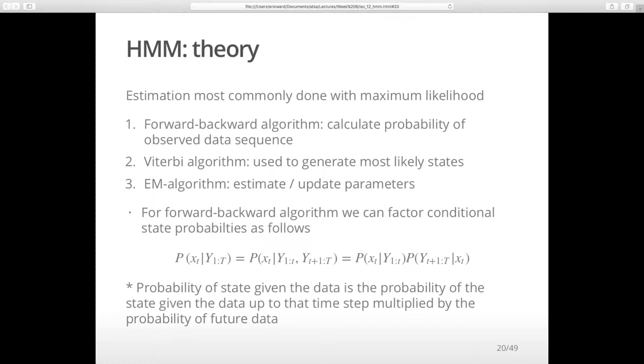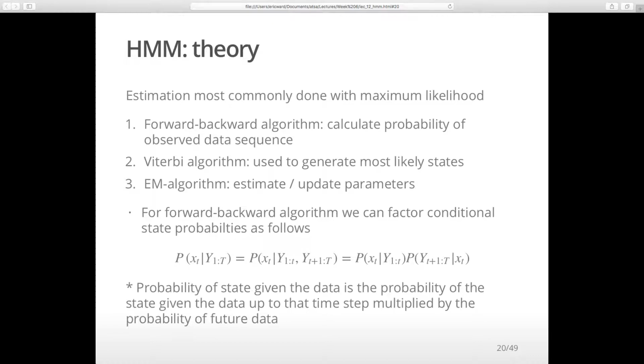There are a few different ways to approach this, and conventionally what's been used is what's known as a forward-backward algorithm, which is used to calculate the probability of an observed data sequence, the y sub t's. The second algorithm is the Viterbi algorithm, and this is used to generate the most likely states as we go through the time series, which is also really useful.